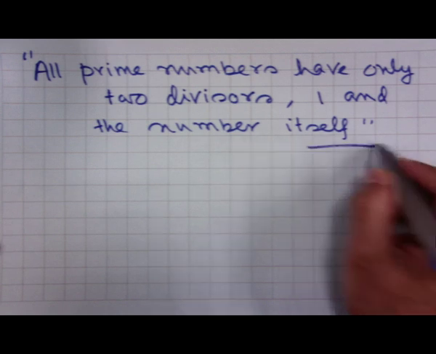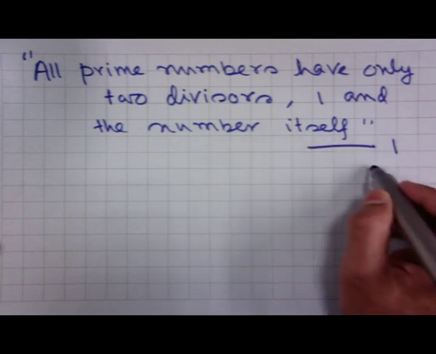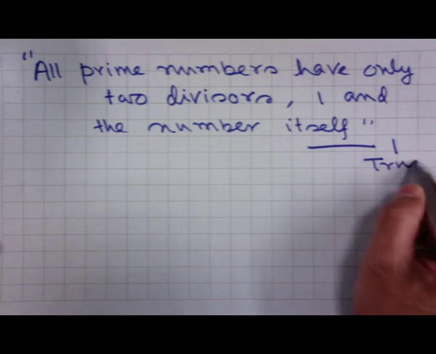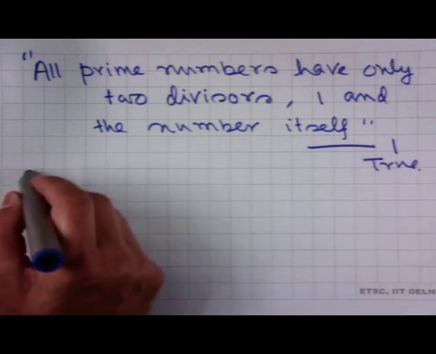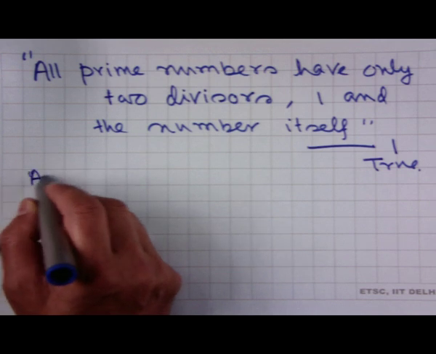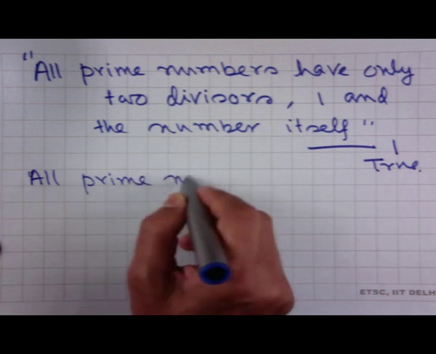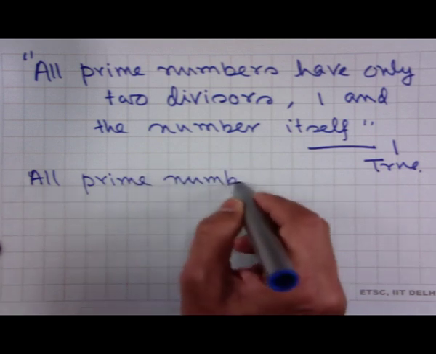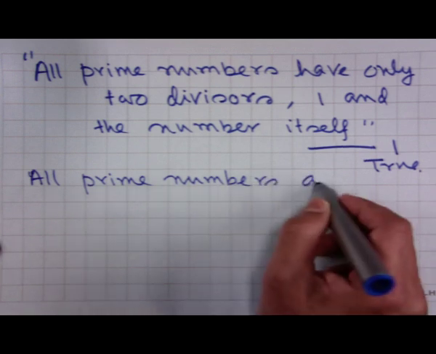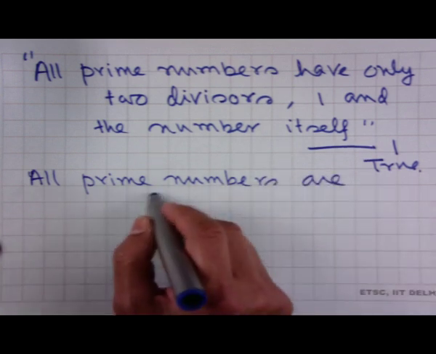Its truth value should be 1, because this is true. What about if I write all prime numbers are odd numbers?